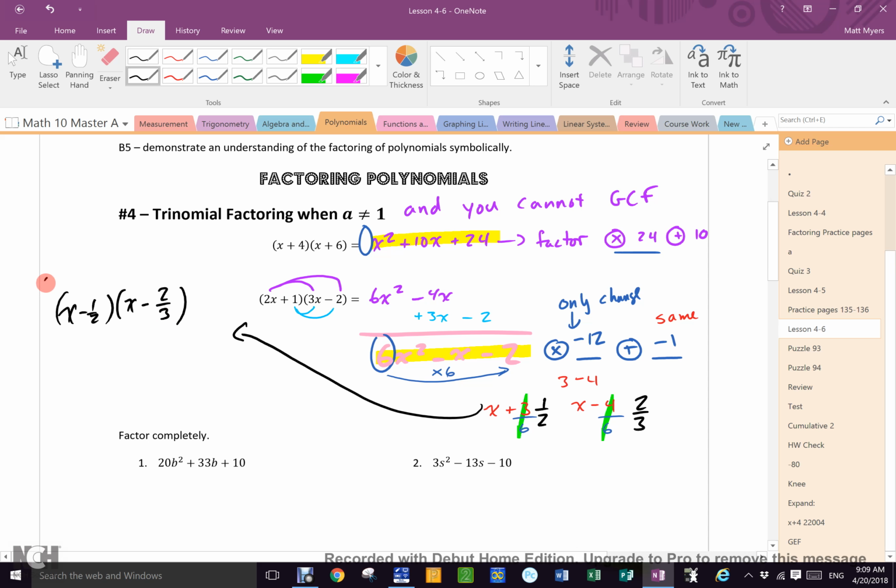So if I multiply this side by 2, I get 2x minus 1, don't I? Everyone see? 2 times x is 2x, 2 times a half is 1. If I multiply this side by 3, I get 3x minus 2, don't I? And what do you see?